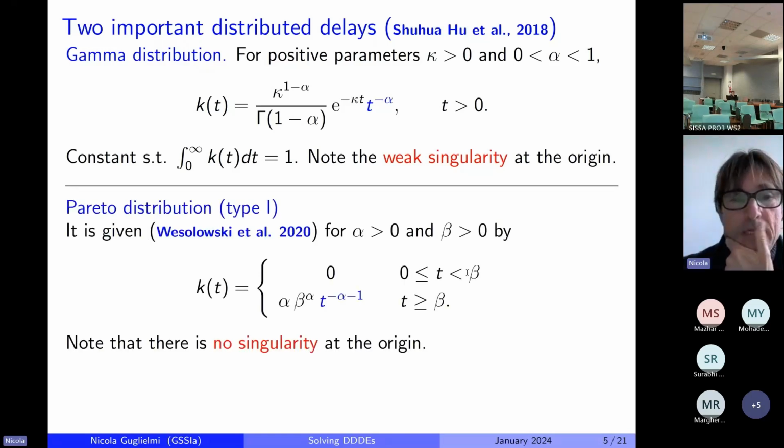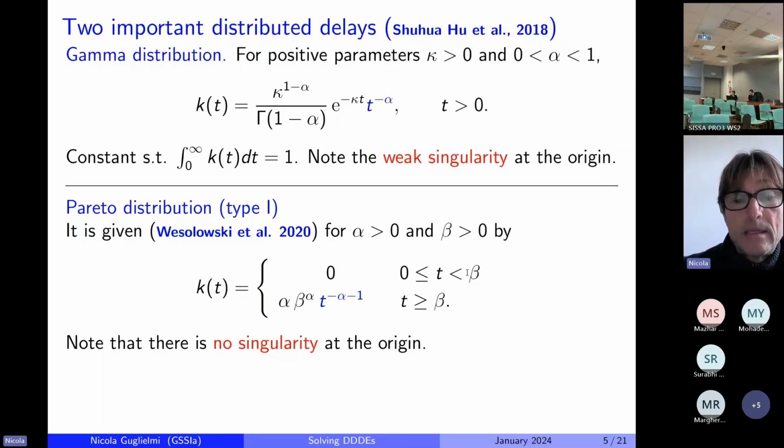Another one, which is also described in a recent article in the Journal of Pharmacokinetics and Pharmacodynamics of 2020, is the so-called Pareto type 1 distribution, which is in a sense similar, but here there is no singularity because k is 0 in a right neighborhood of the origin.